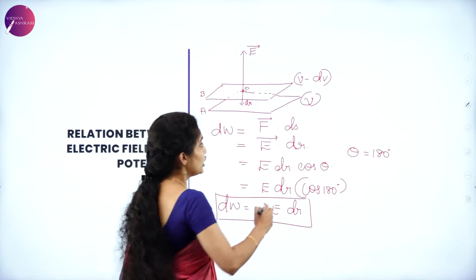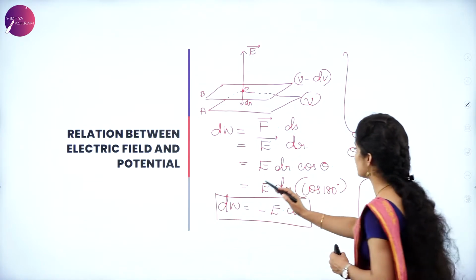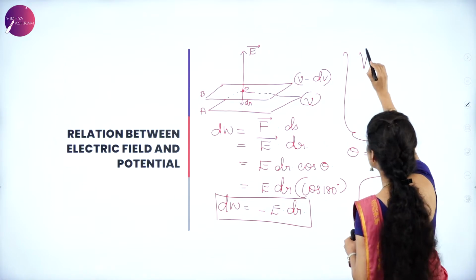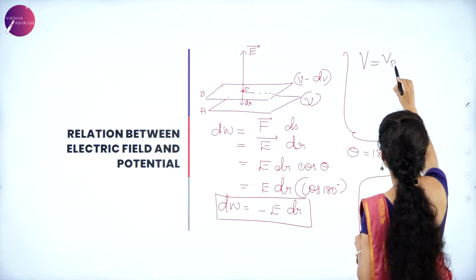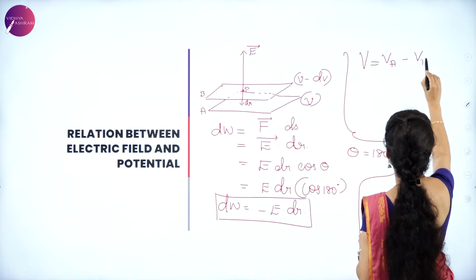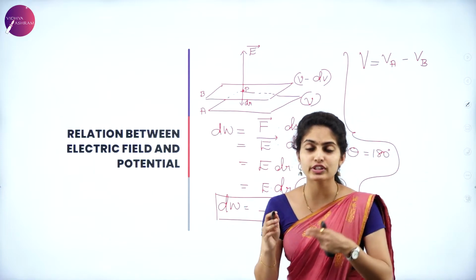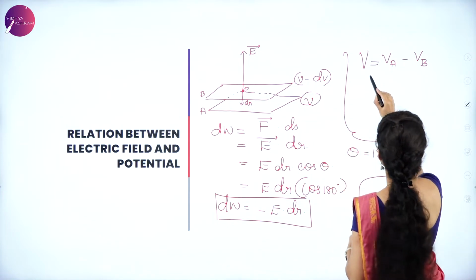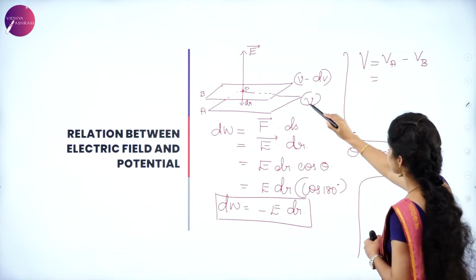So in order to calculate the potential difference between two equipotential surface, we have total V is equal to VA minus VB. You're checking the potential difference of the equipotential surface, which is equal to the potential of the first plate, that is A plate.